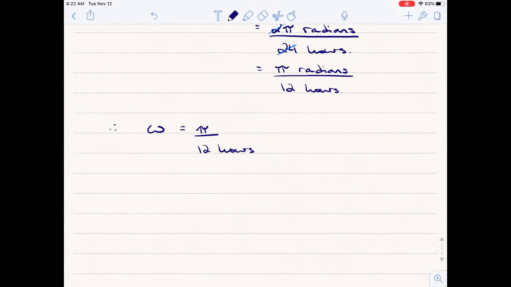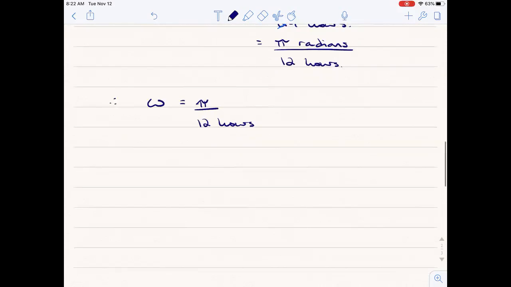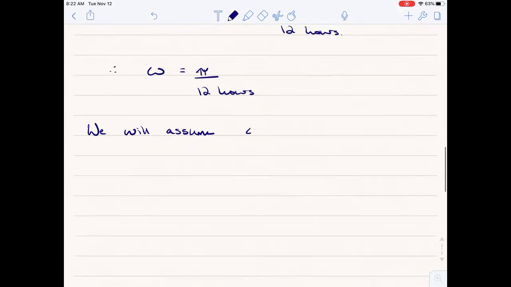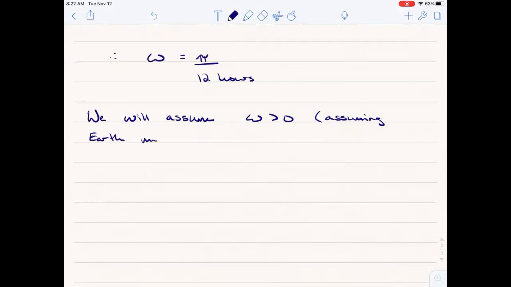It doesn't really matter which way we're spinning, because we're going a whole rotation anyways. So we will assume omega is greater than 0, which is assuming Earth moves counterclockwise.